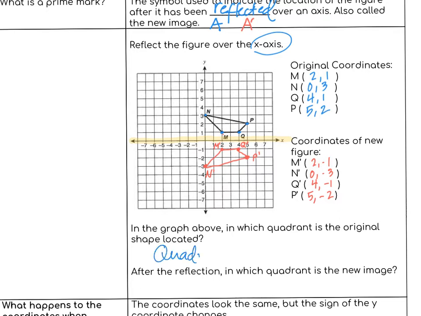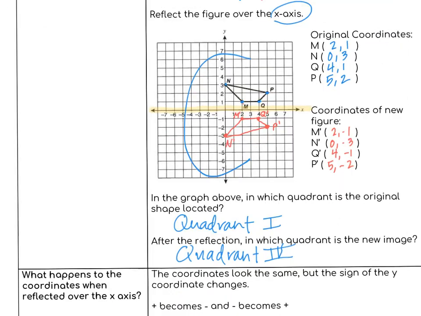And when we're talking about the quadrants, we use Roman numerals to represent the number. And now, since we reflected over the x-axis, our new image is in quadrant 4. If you don't remember this, just remember that our quadrants go in the order of a C because math is cool.